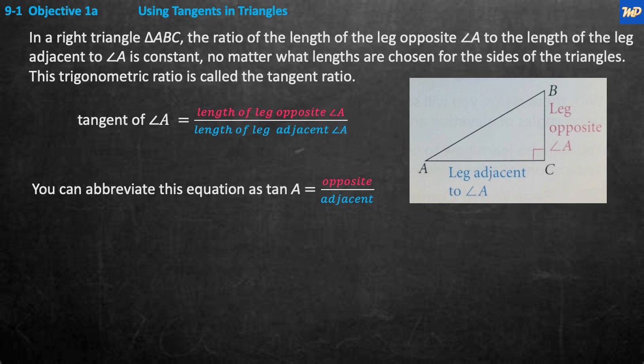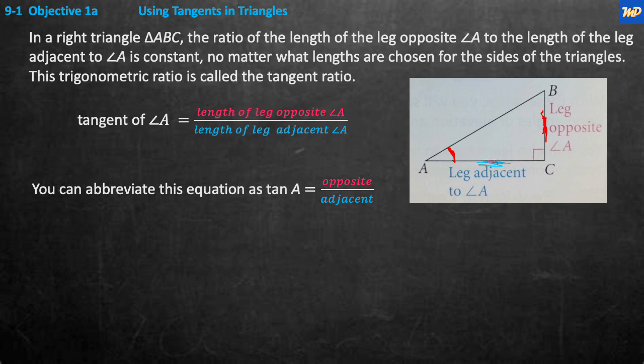Well, as we see here, this is the opposite leg over here. Opposite leg, here's the angle A. And opposite, so we look at this as opposite. If you're talking about B, this down here would be the opposite, right? This would be the opposite if you're talking about angle B. We're talking about angle A right here. And this is the opposite. And the leg adjacent to angle A is this leg here.